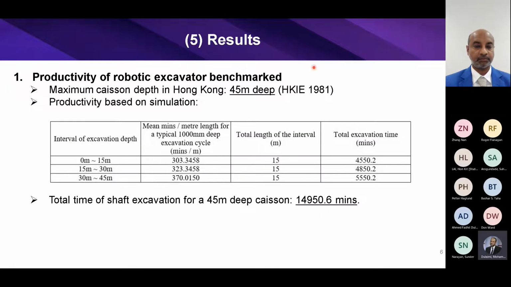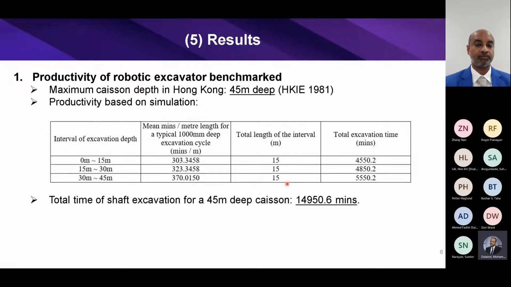As said before, the research team wants to benchmark the productivity of the robotic excavator. Before that, we shall note that we adopted 45 meters as the basis because it is the maximum depth of caisson recorded in Hong Kong. After that, the simulation results are on this table, in steps of 15 meters.